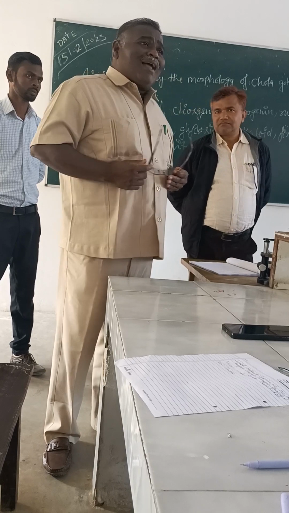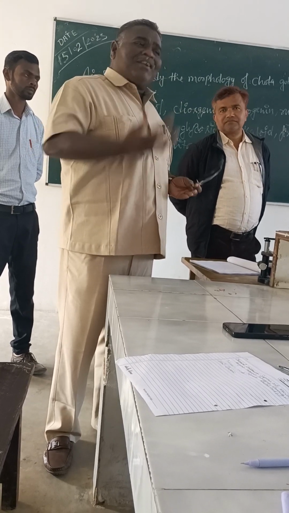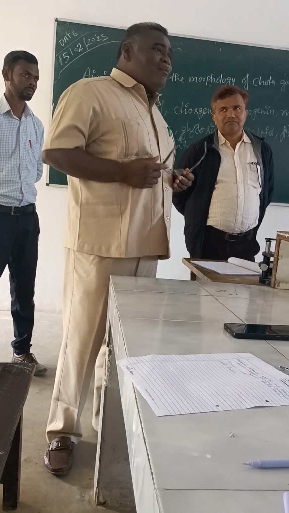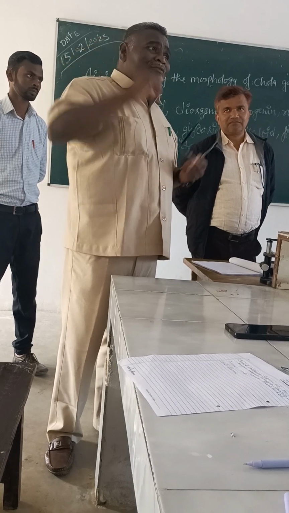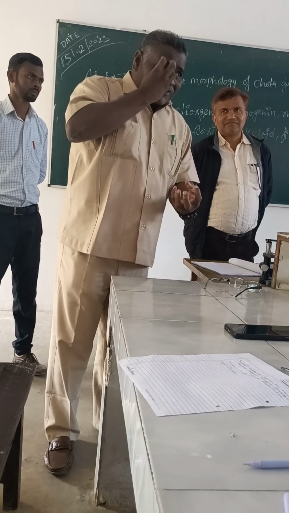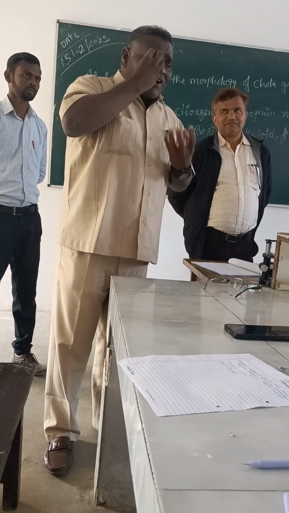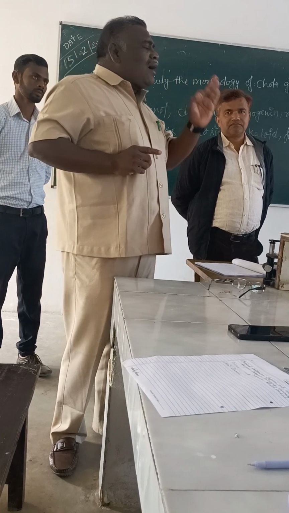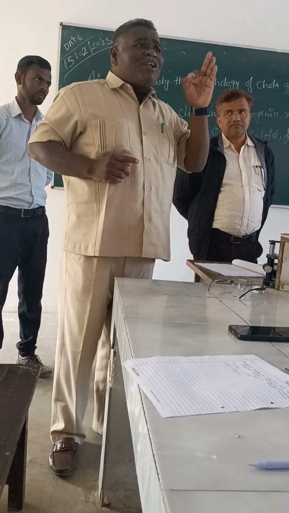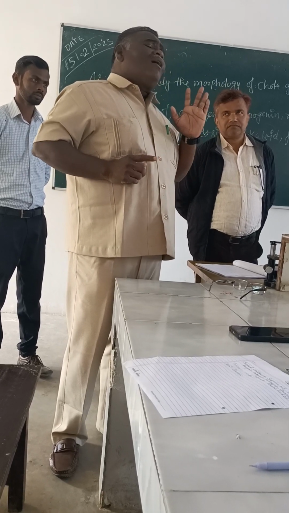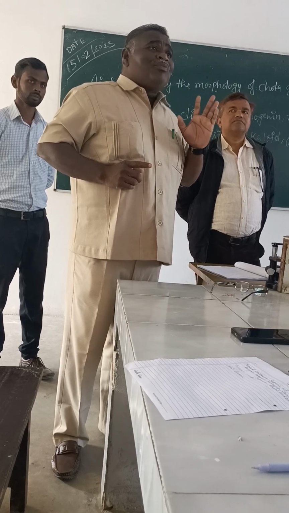A compound microscope has objectives of three powers: 10x, 45x, and the last one 100x. The eyepiece is 10, so 10 into 10 is 100 times, 10 into 45 is 450 times, and 10 into 100 is 1000 times. When a particle is enlarged 100, 450 or 1000 times, you will be able to see the characters very clearly and legibly. You understand? These instruments are very useful, called the compound microscope.